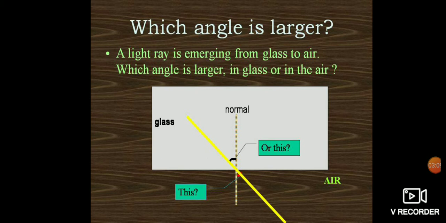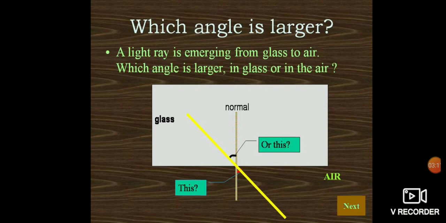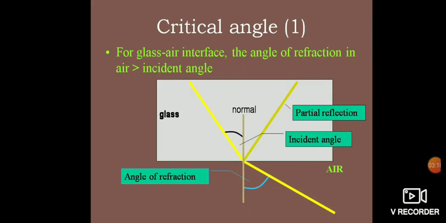Let us suppose the light ray is emerging from glass to air. We first find out the critical angle for a glass-air interface. The angle of refraction in the air is greater than the incidence angle.